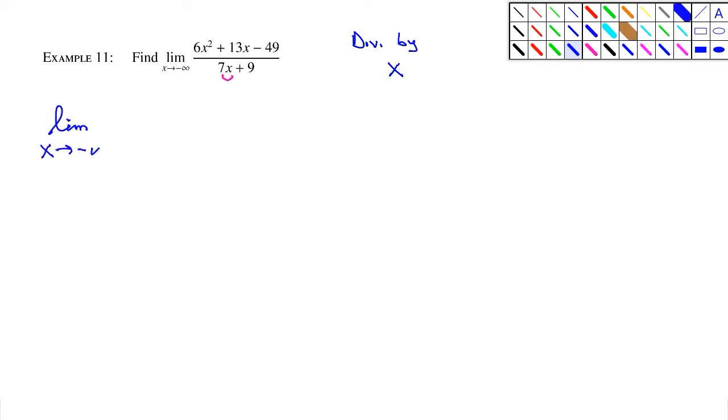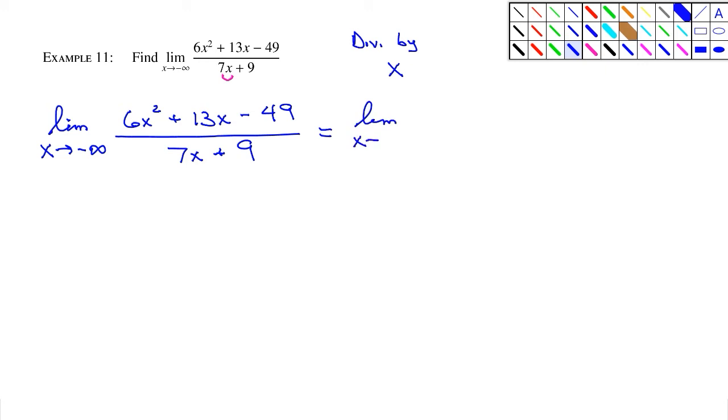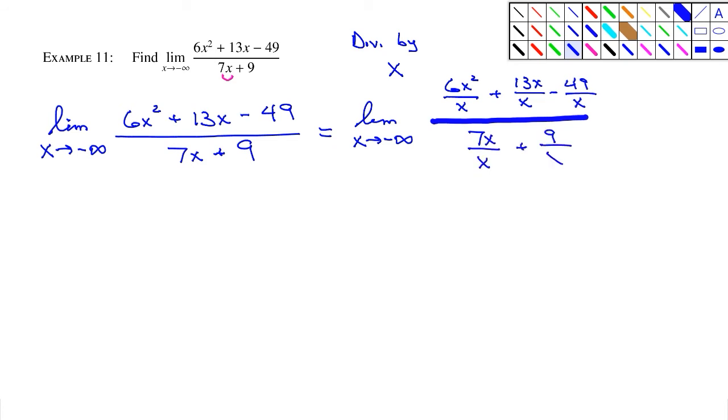Limit as x goes to negative infinity of 6x squared plus 13x minus 49 over 7x plus 9. It's going to be the limit as x goes to negative infinity of 6x squared over x plus 13x over x minus 49 over x, all over 7x over x plus 9 over x.